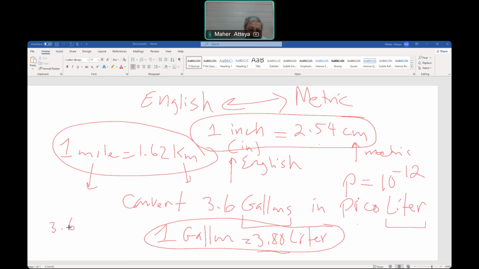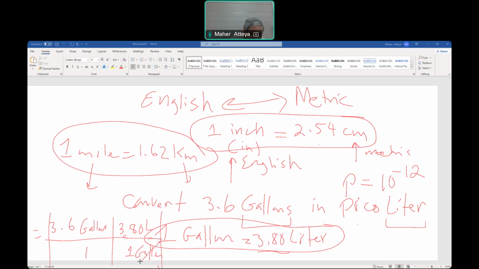3.6 gallon over 1, and then 1 gallon is roughly 3.8 liter, correct? So that's the whole setup, that's what we really need.